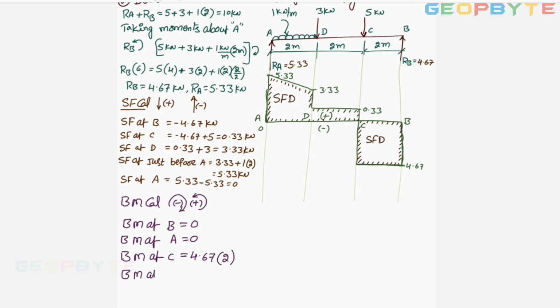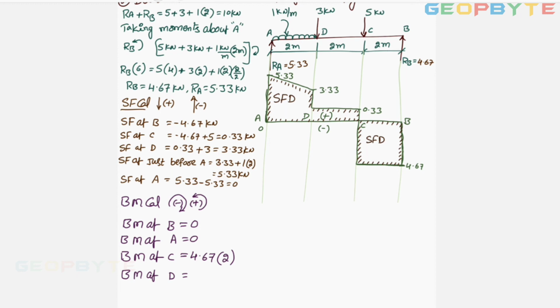Similarly, BM at D. Count how many loads are there before D. One reaction is there at B that develops an anti-clockwise moment, and 5 kilonewton is developing a clockwise moment. In general, clockwise moments are negative, anti-clockwise moments are positive.